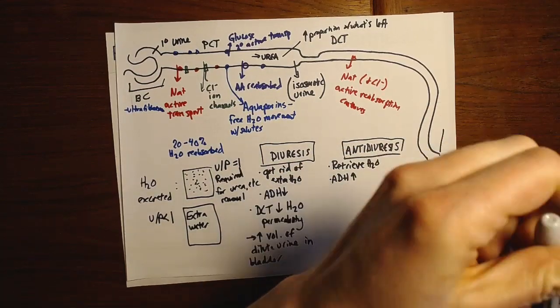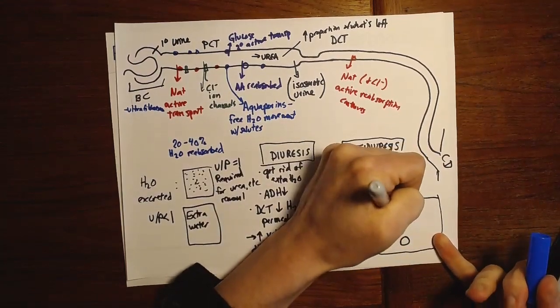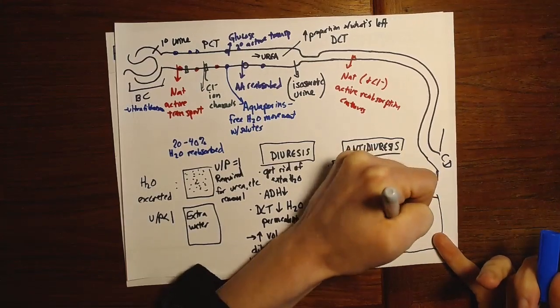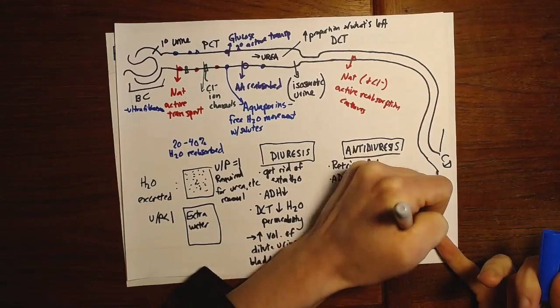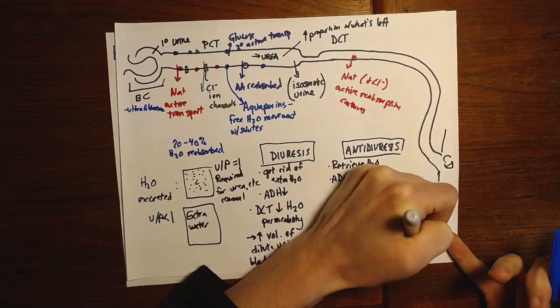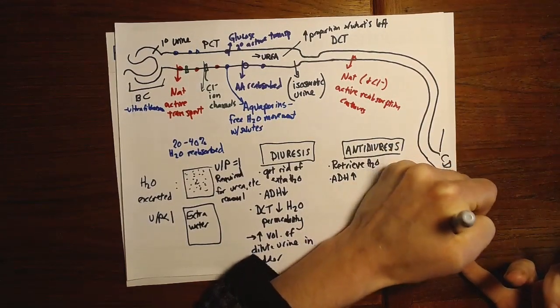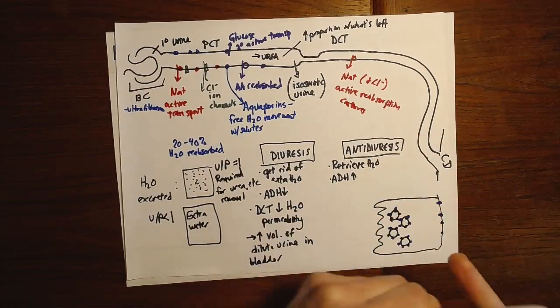So, here's my vesicles. Here's my aquaporins, sequestered inside of the cell. And they do actually have aquaporins that are also present along the basolateral membrane.